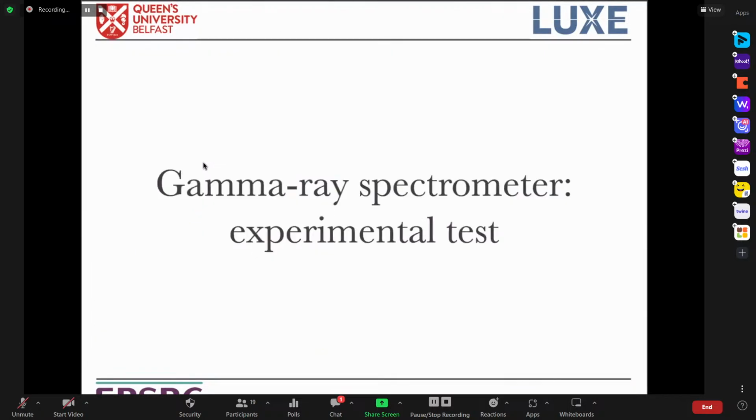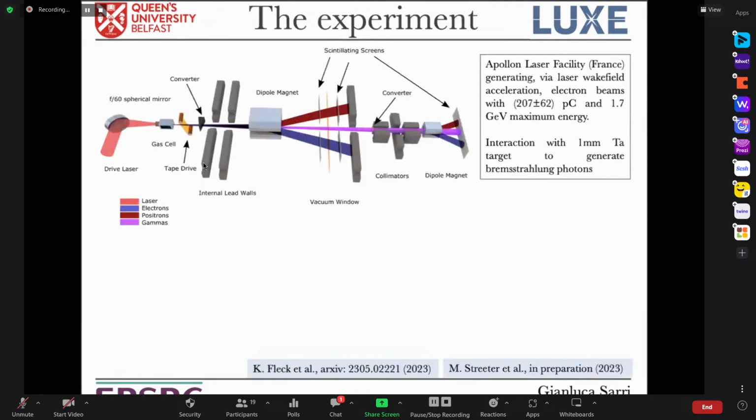To test a detector of this kind, we went to the Apollon laser facility, and here you have a sketch of the experimental setup that we adopted. The main results are also available in this paper on arXiv if you're interested.